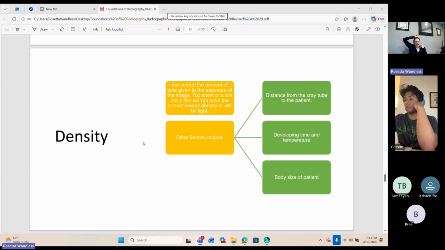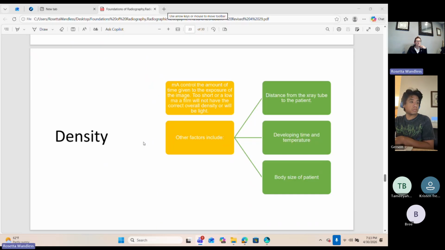What will also affect density, not just milliamperage, is the distance of the X-ray tube itself from the patient, okay? We want it close. The further away, the lighter we get.